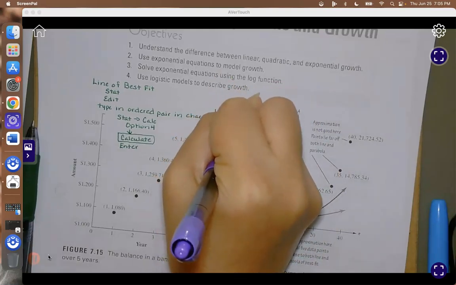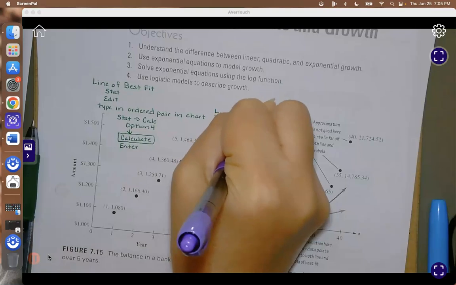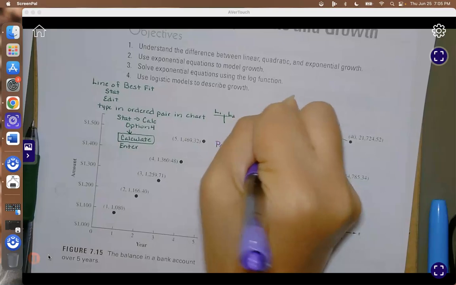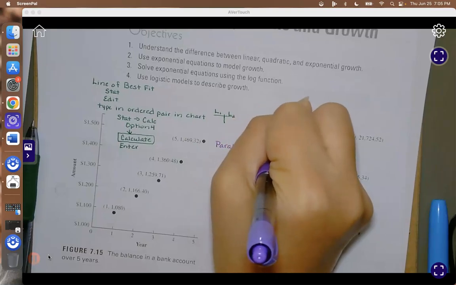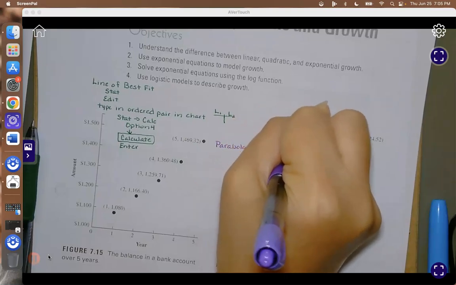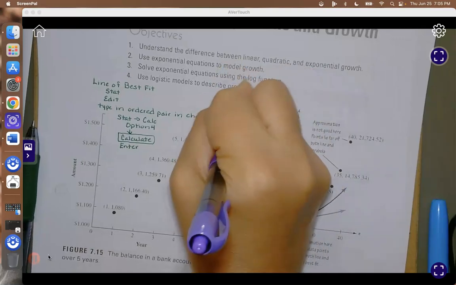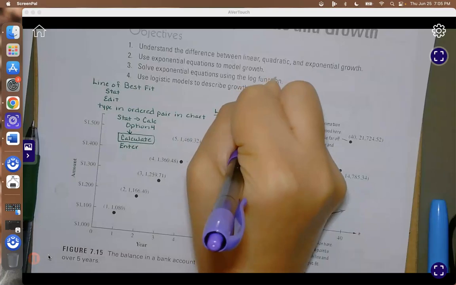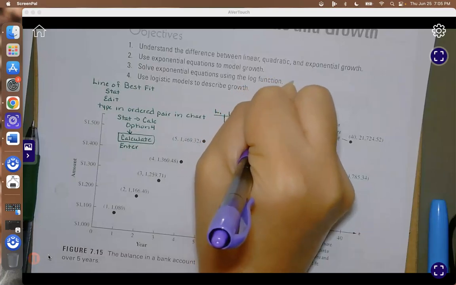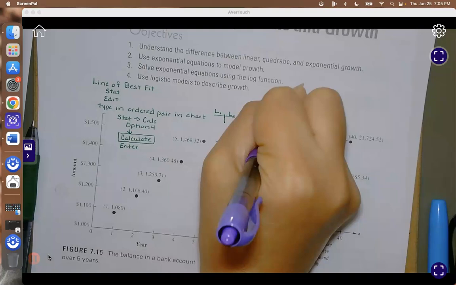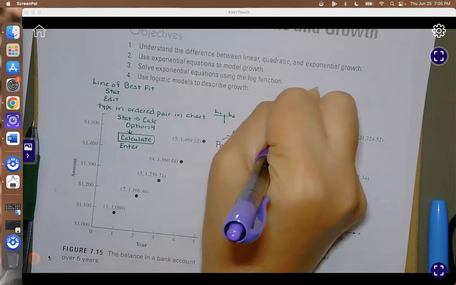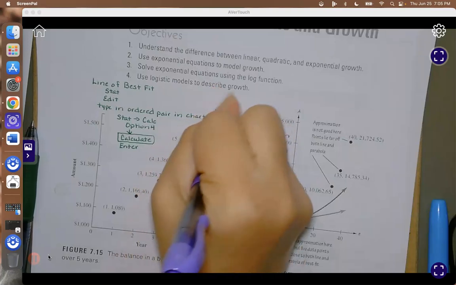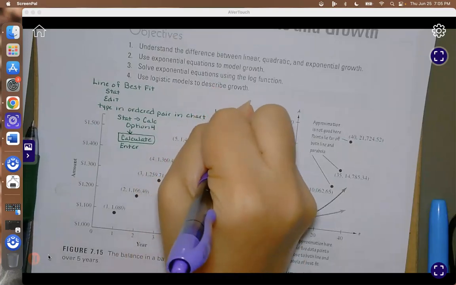So this is the quadratic regression. Okay, and the way we do that is the same way.